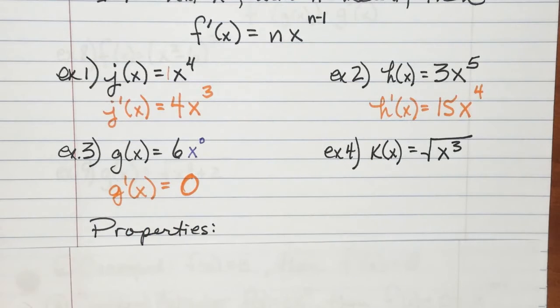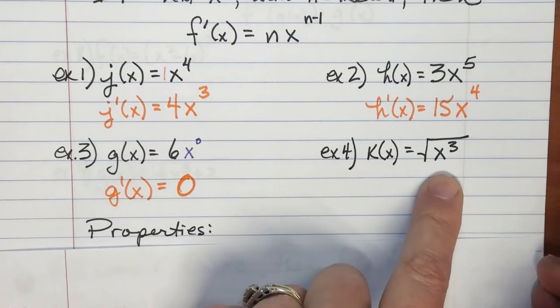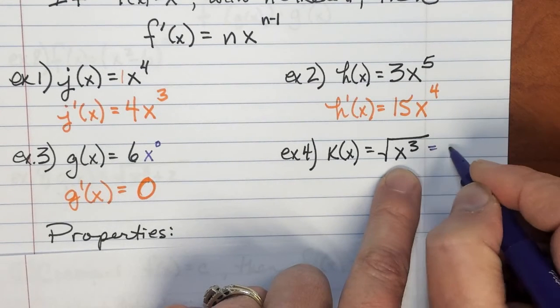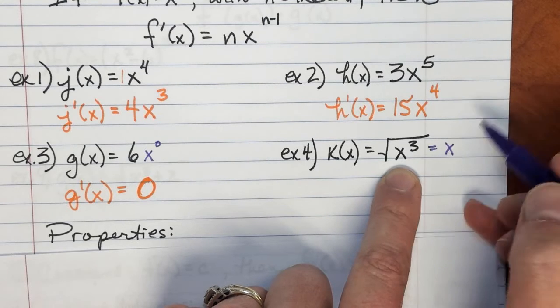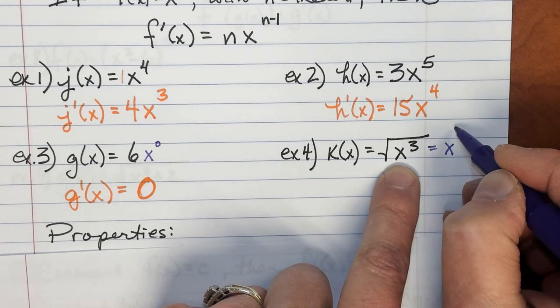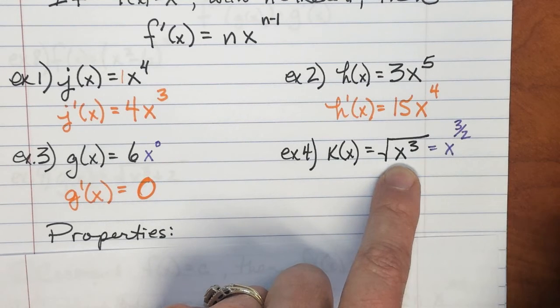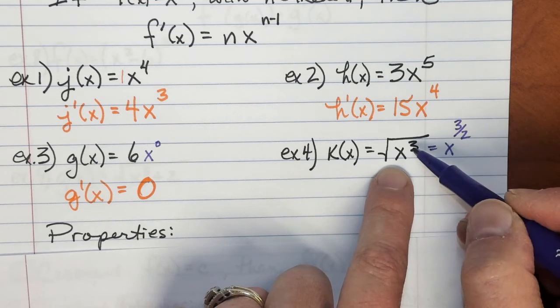All right, come over here. Function k is equal to the square root of x cubed. Now I know that can be simplified, but I'm going to encourage you to write it as a power function. So you have x to the 3/2. The square root can be written as the exponent of 1/2, and it's cubed.